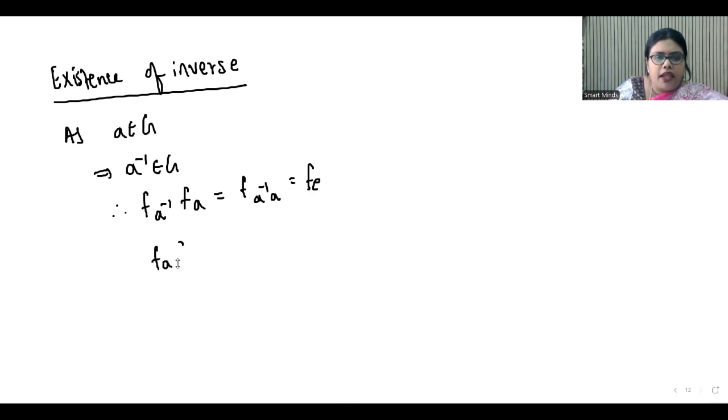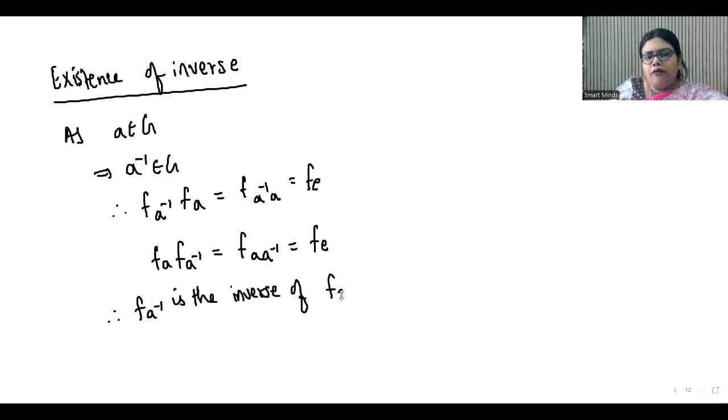Therefore, F A inverse is the inverse of FA in G dash. Therefore, you can say G dash is a group.